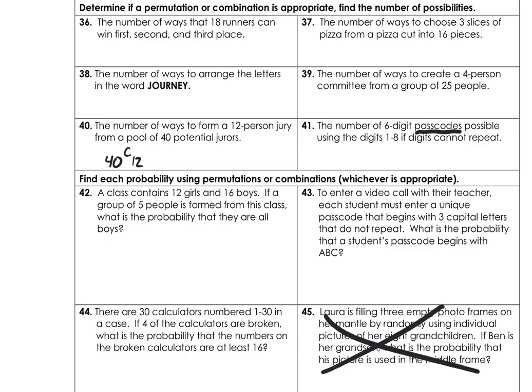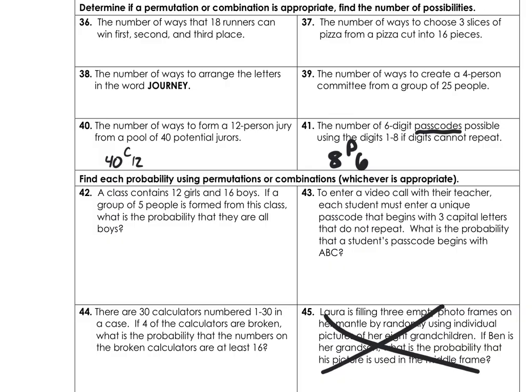I want to make a 6-digit passcode using the numbers 1 through 8. So this has 8 numbers to choose from, and we're going to pick 6 of them and put them in order. Order does matter here. So that's what you have to decide on those.